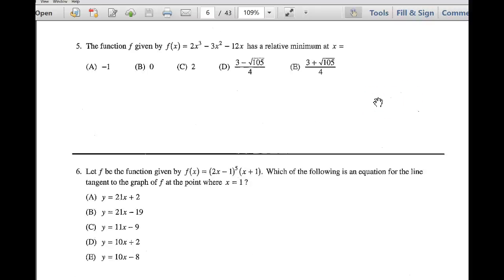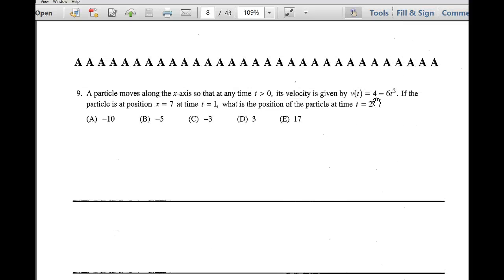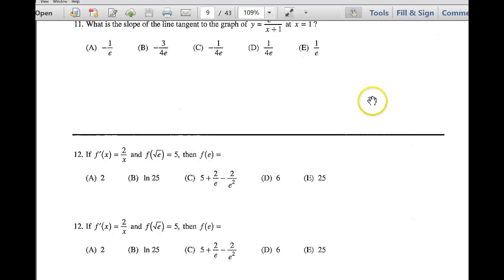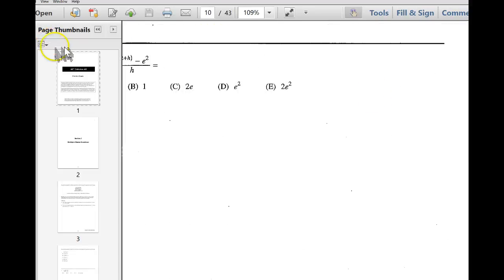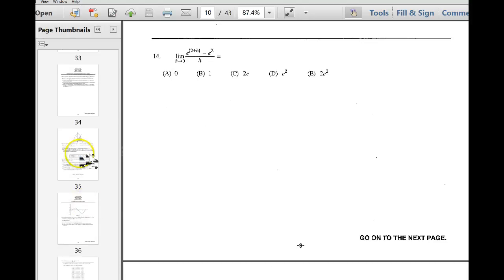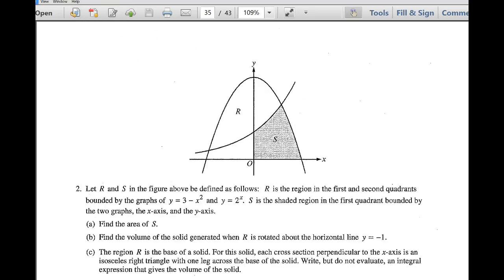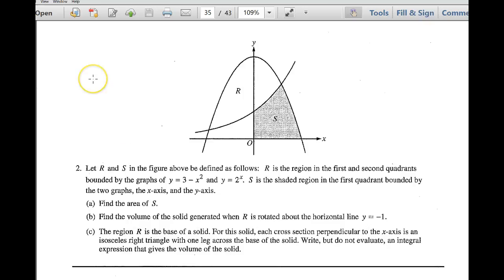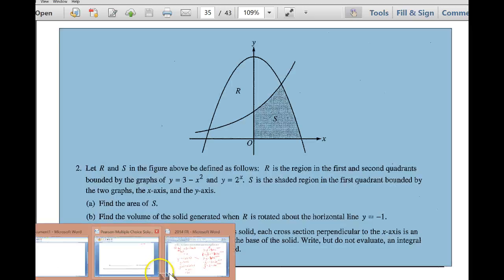Okay, so you want me to take a look at the free response. Which number was it on the free response? Sorry, I have to scroll all the way down. It's this one? Yeah. This is like 3 and 2/3 minutes for each problem. 2.6 minutes.